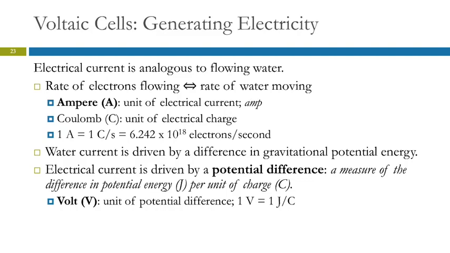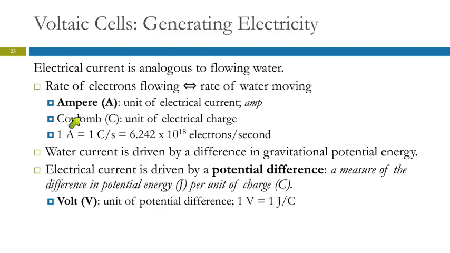The rate of the water moving is how fast it's moving, right? So the rate of electrons flowing is like the rate of water moving. So we can think of electrical current as being like water current with the electrons moving. And the faster they move, the greater the rate of the current.